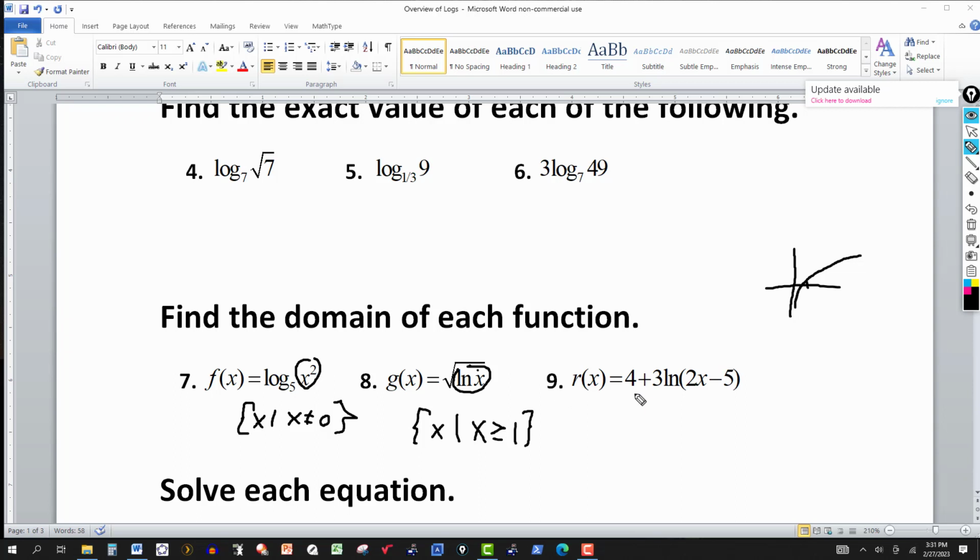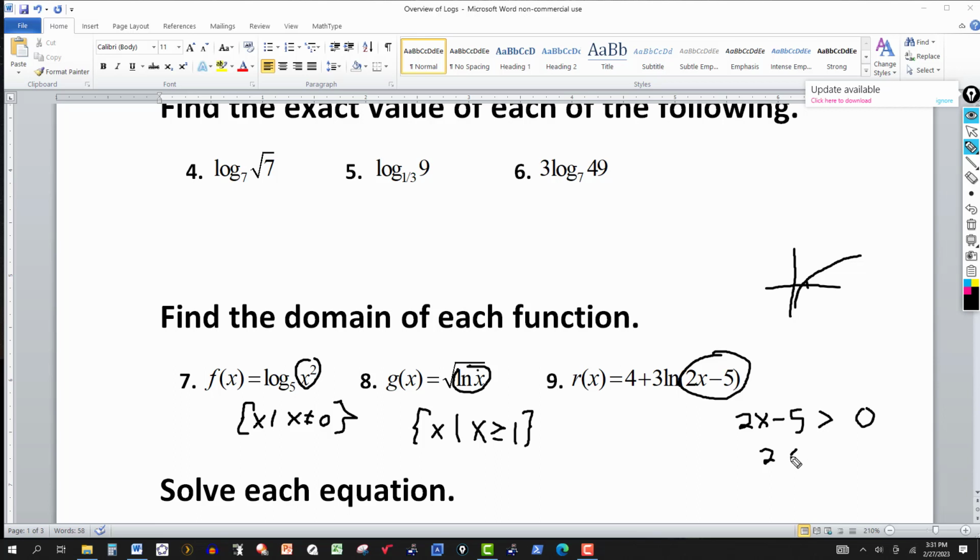Now for number 9, 4 plus 3 natural log of 2x minus 5, the main concern is right here. This 2x minus 5 cannot be negative and cannot be 0. So whatever we plug in, we want 2x minus 5 to be greater than 0. So we just solve this inequality for x.